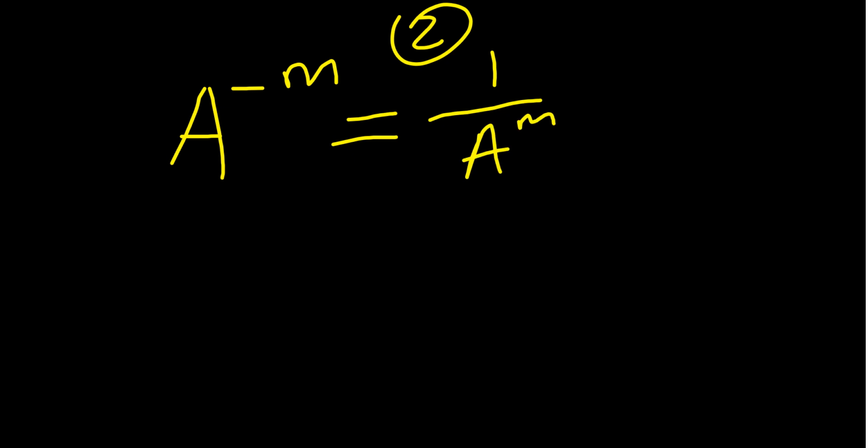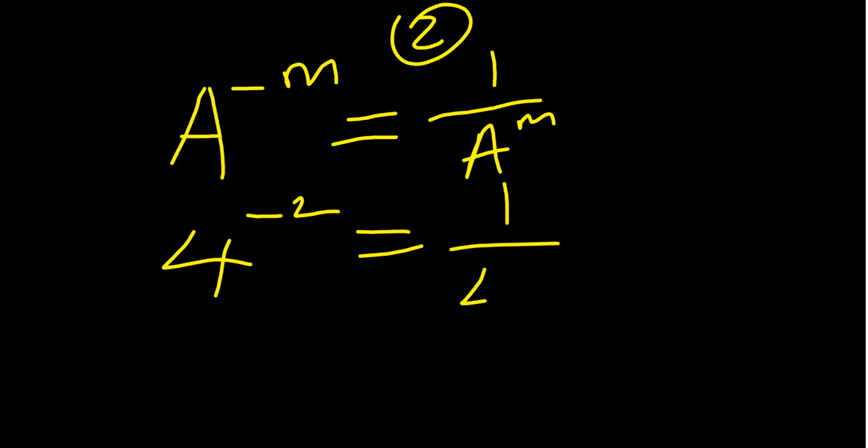If you have something like 4 raised to power minus 2, it is equal to 1 over 4 raised to power 2. So to eliminate the minus sign, you need to convert it into a fraction by putting 1 at the numerator and the base at the denominator raised to the power of the positive number.